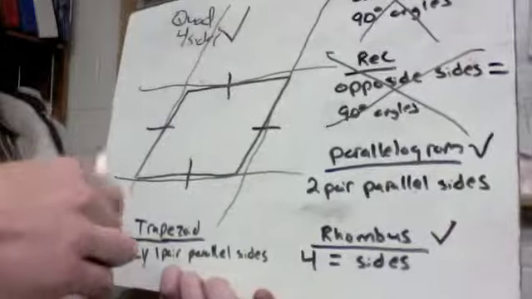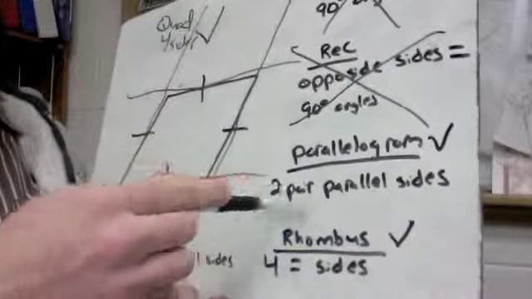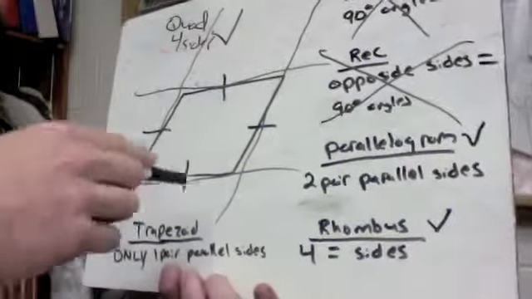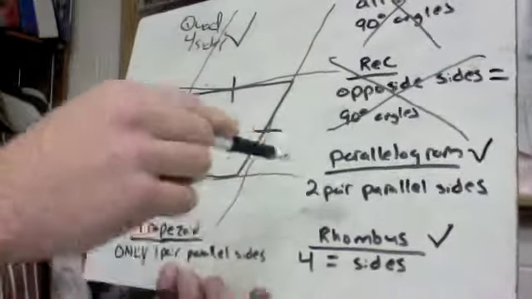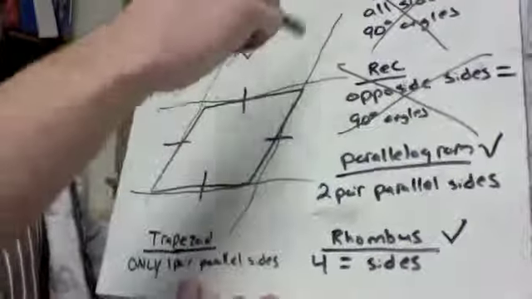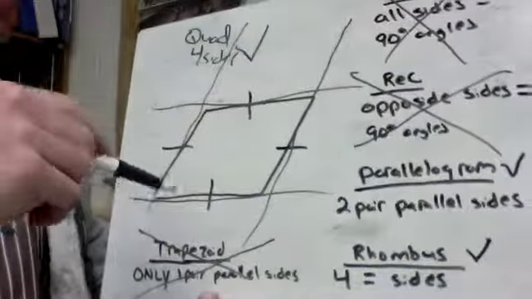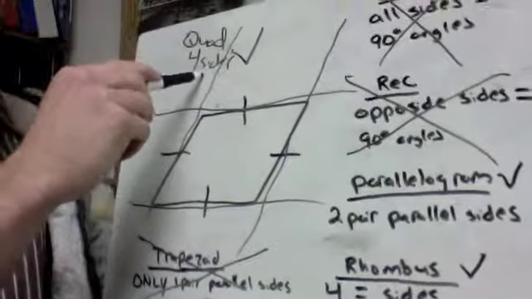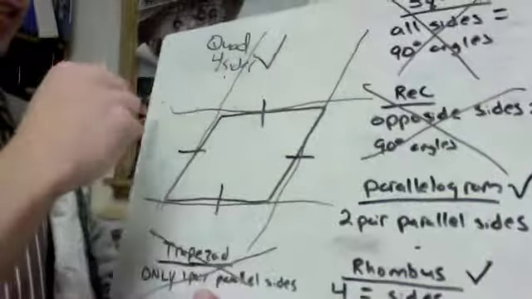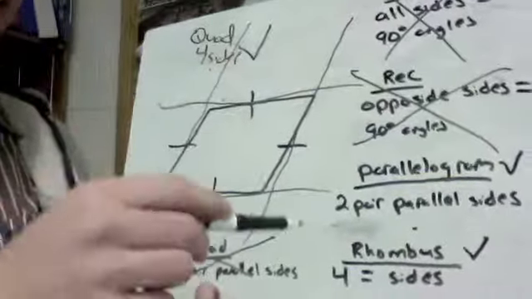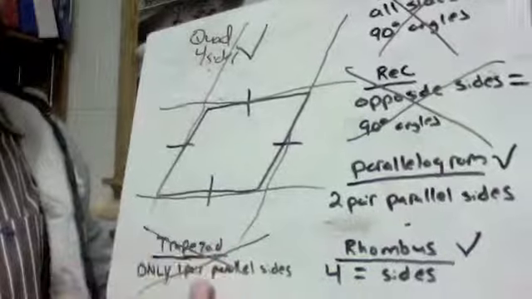As we've talked about numerous times, if it's a parallelogram, it's never going to be a trapezoid. This has 2 pairs of parallel sides, where this can only have 1, so that's out. So if we had to classify this shape, quadrilateral because it's got 4 sides, parallelogram because it's got 2 pairs of parallel sides, and a rhombus because it has 4 equal sides.